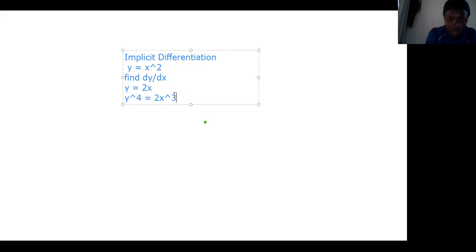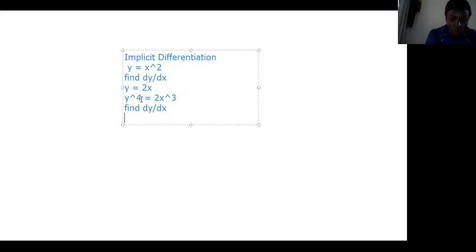Then the question says find dy all over dx. If you have to find dy all over dx, then the question didn't say we should find for y raised to the power 4. The question says we should find dy/dx. So that means we are supposed to get a dy/dx in this question we've been given.